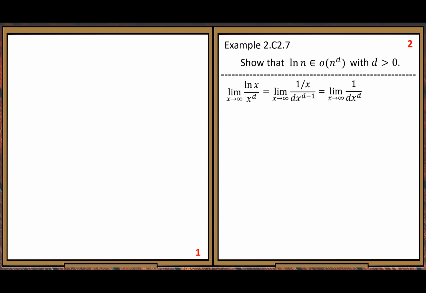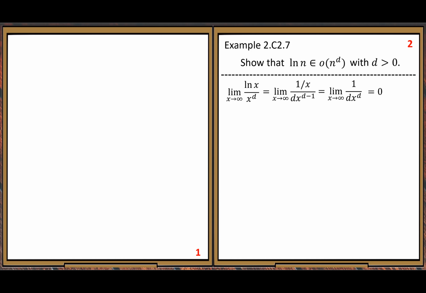D is a positive number, so when x goes to infinity, we know x to the d must be infinity. 1 over infinity is 0. So the conclusion is little o.